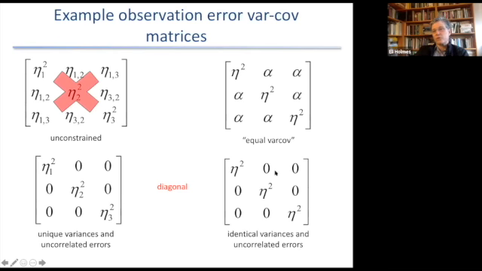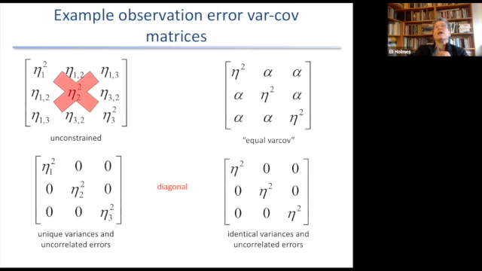So it's really important to recognize that when you see a variance covariance matrix that's got these zeros on the off diagonal, what it is specifically saying is that the rows, in this case referring to those observations at time t, are independent of each other.